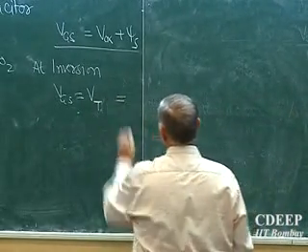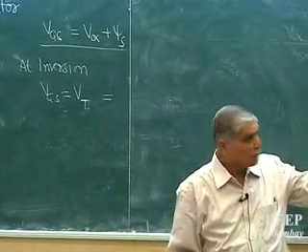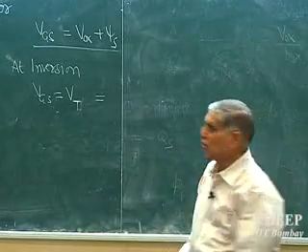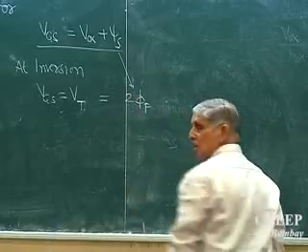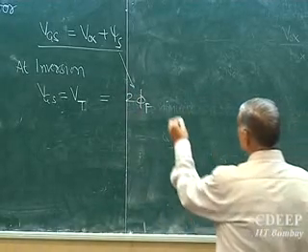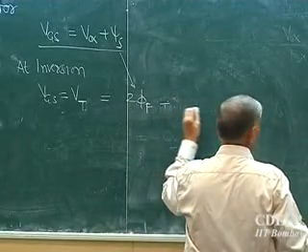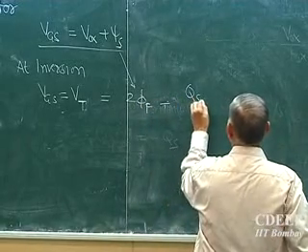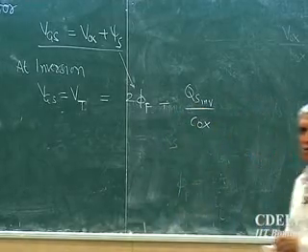This is equal to how much? How much is psi s value at inversion? We defined all the time. What is psi s? 2 phi f. Okay. How much is Vox? Minus Qs at inversion by Cox.